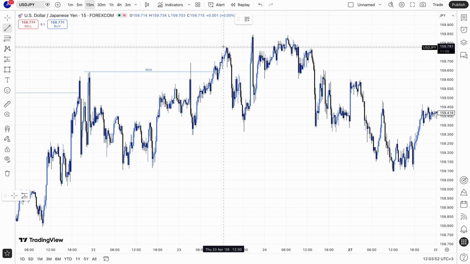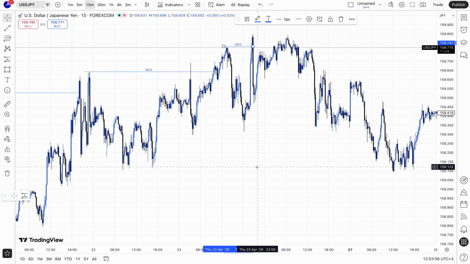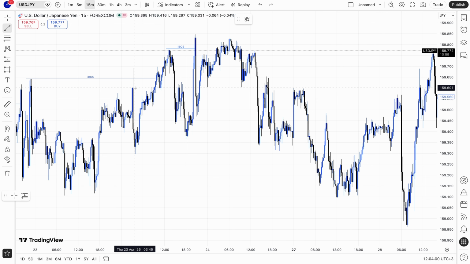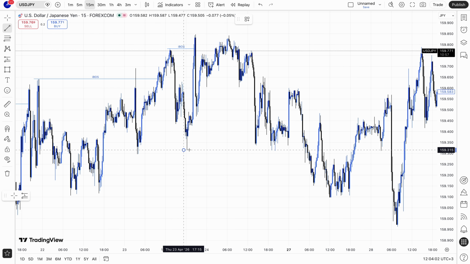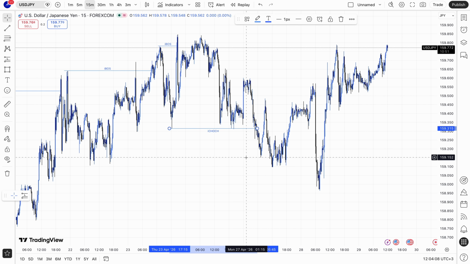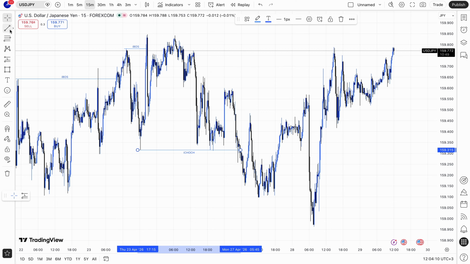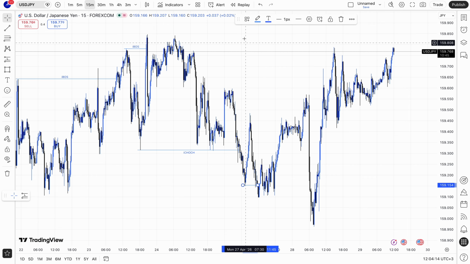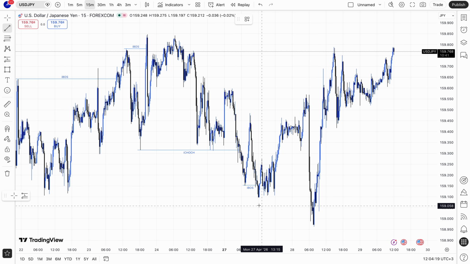Then another continuation break of structure to the upside. Then from here we had the change of character to the downside. Then had a nice confirmation, continuation break of structure to the downside, with another continuation break of structure to the downside.